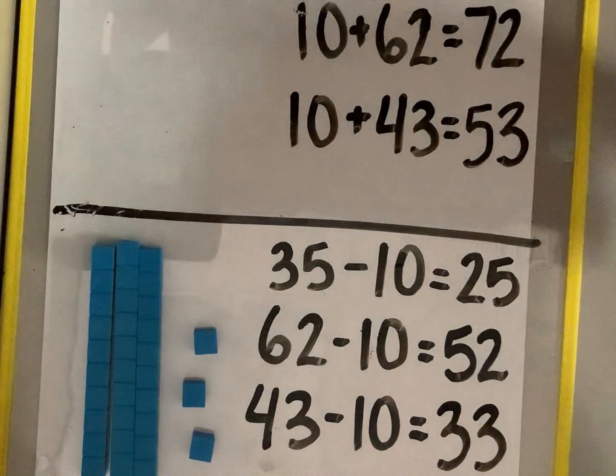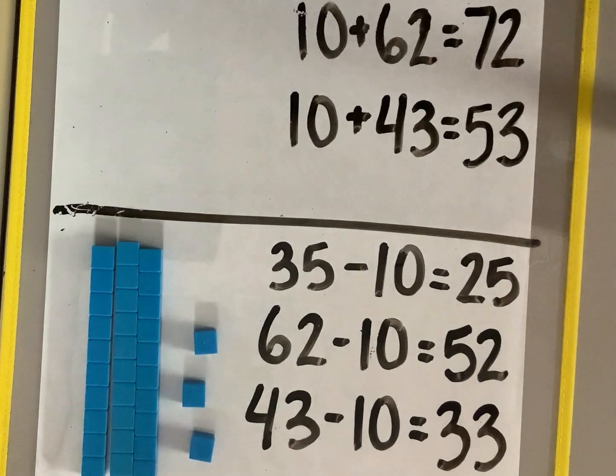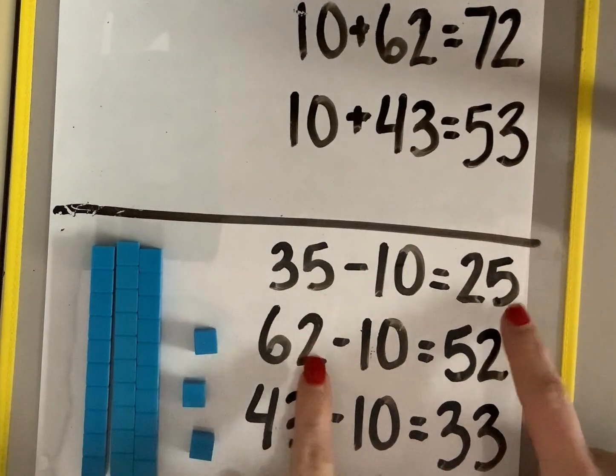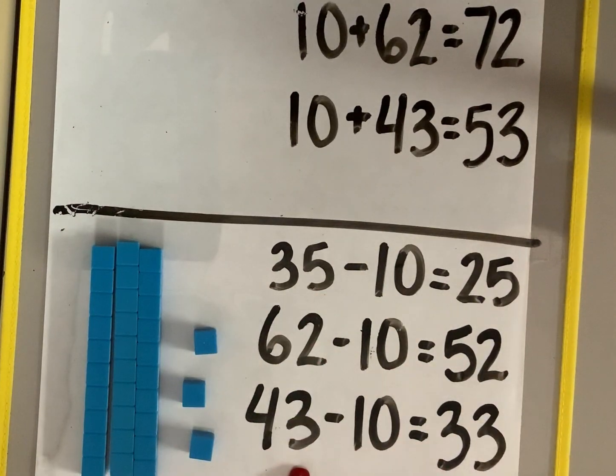I want you to pause and reflect. What do you notice when you add and subtract 10 from a 2-digit number? Hopefully you notice that when I subtract 10, the number in the ones place always stays the same. 5 and 5, 2 and 2, 3 and 3.